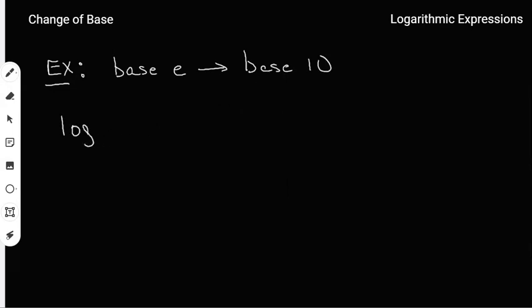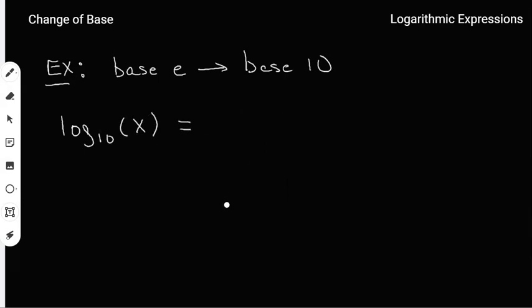All right. The next one is I wanted to change base from E to 10. So I want to change my base from base E to base 10. So what I'm going to do is take my new base and let that be the base of my new logarithm.